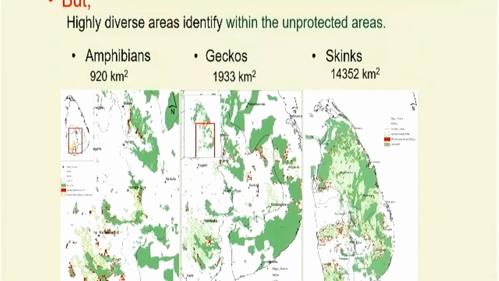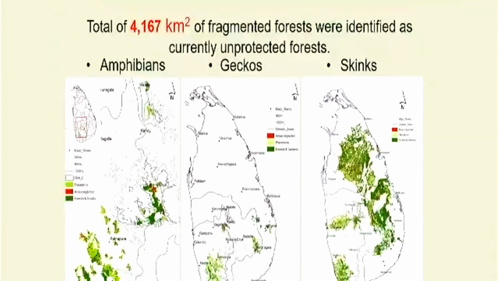Then the highly diverse unprotected areas. I have mentioned that we separated the high diverse areas after overlaying with the protected areas. We separate already protected and unprotected. So these are the unprotected areas, and we overlay these areas with the land use, and these are the results that we obtained, that we demarcated into 3 groups, which we can protect further.